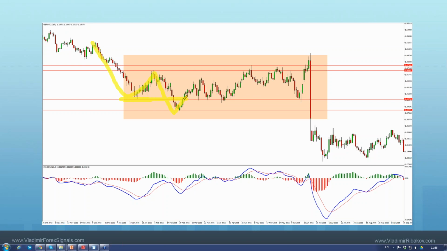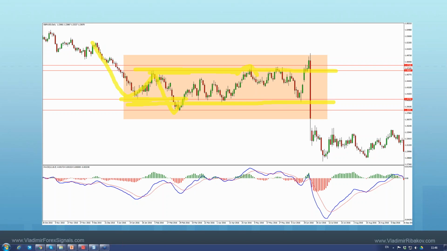We got below and we got up again above this level, closing above. Once that happened, that is a false break. Then we got a move above this high, boom, an attempt to break the high, and boom, a false break and retrace down to close below. Two false breaks in a row, we know this is our potential range.